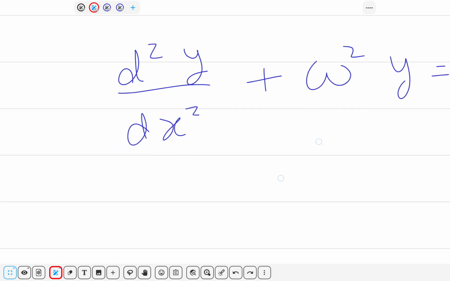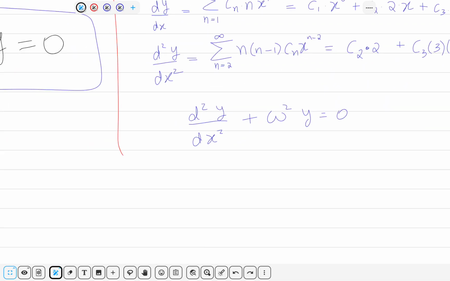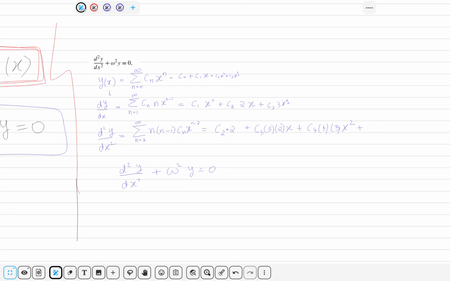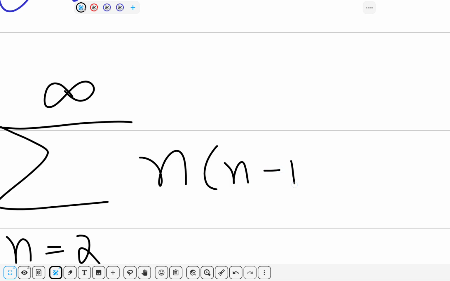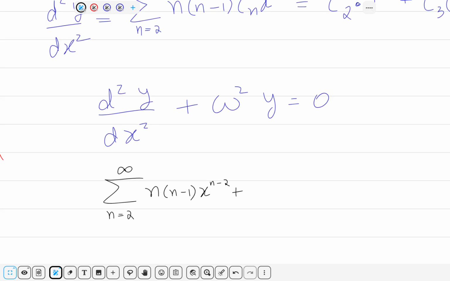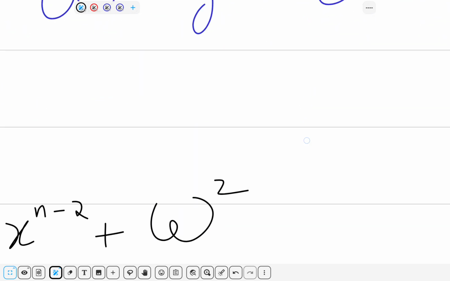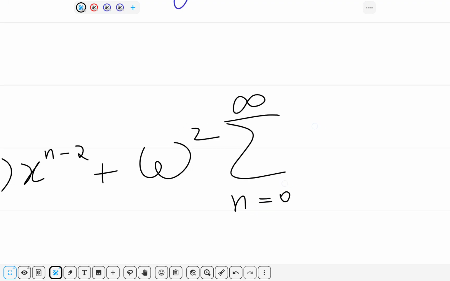And if I just substitute this, so if I just write what d square y by dx square is now, it is summation from n equals 2 to infinity n times n minus 1 cn x power n minus 2 plus omega square times summation n equals 0 to infinity cn times x power n.